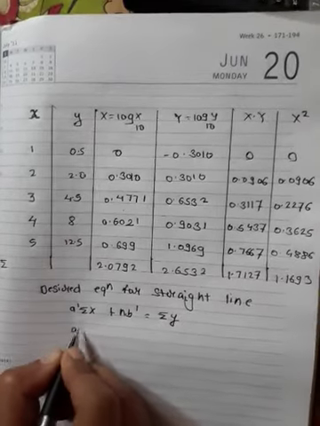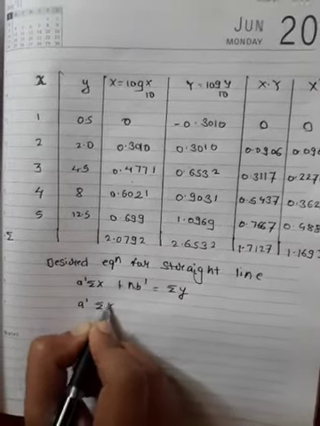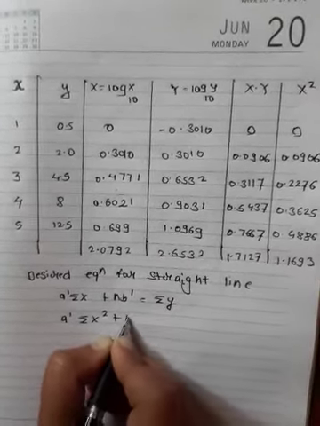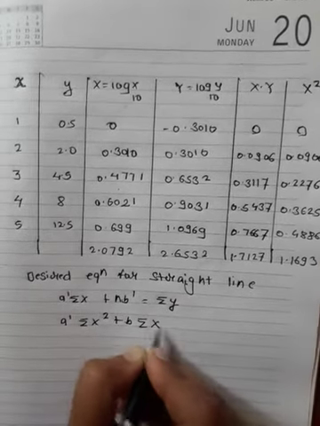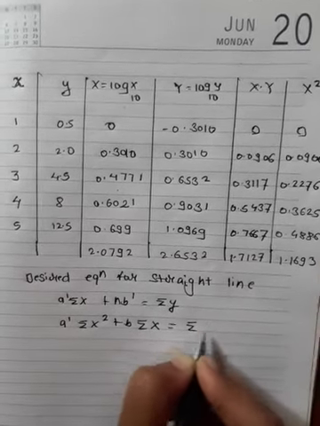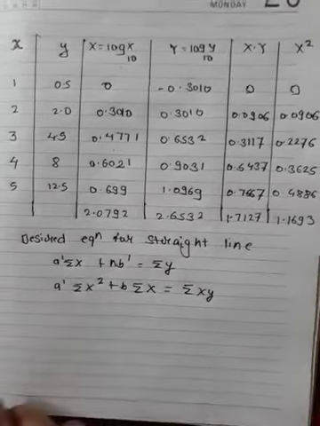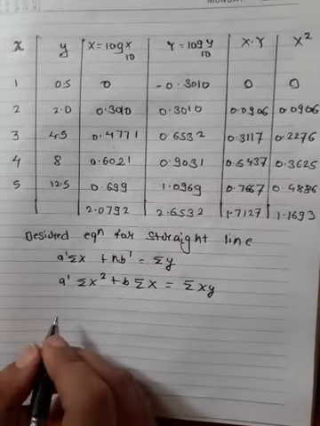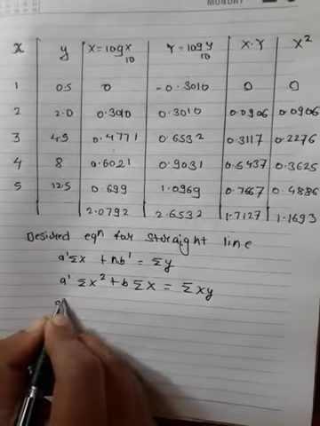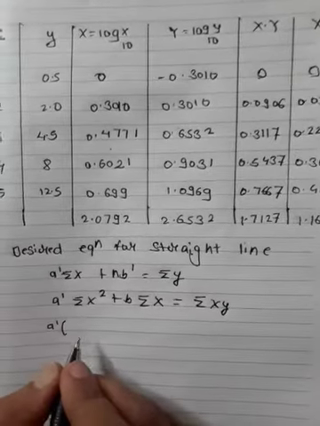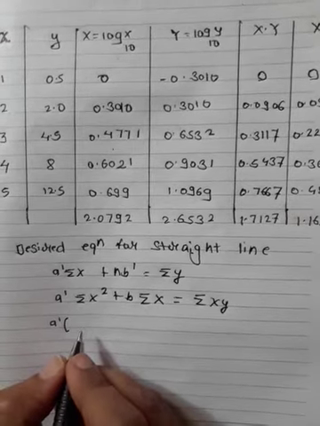Then a dash summation x square plus b summation x is equal to summation xy. So from the table you have to enter all the values here.